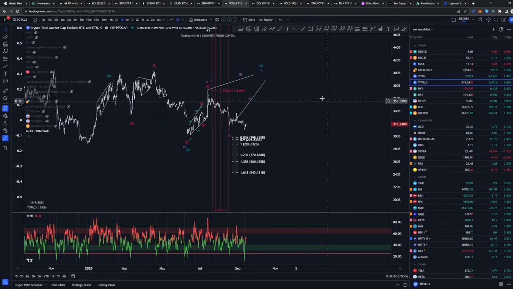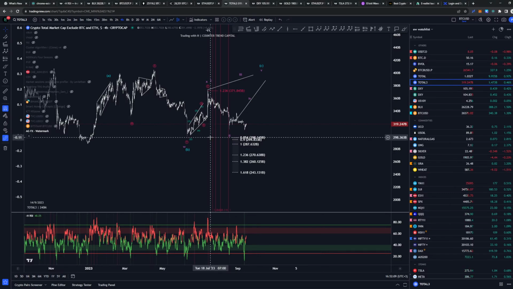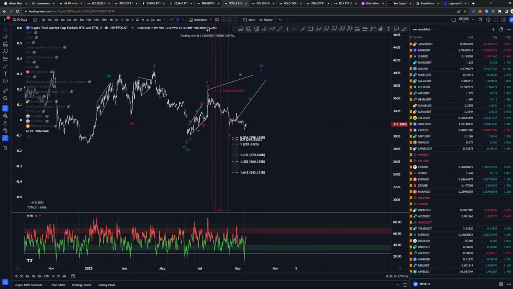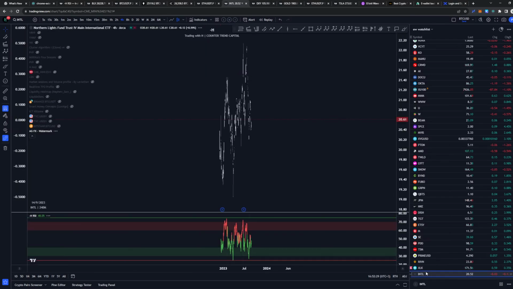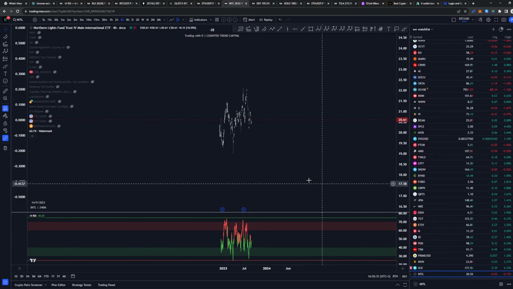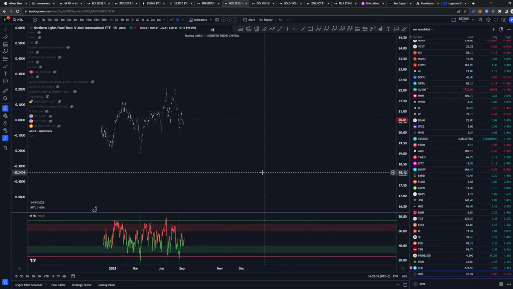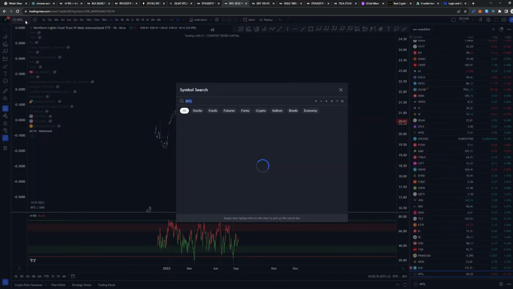But I don't think I have any other assets in the queue for this one, so I'll probably create a Patreon exclusive today. Let's see what is next. I think I did Prime and Rivian Automotive last time. We went through the XLK. So maybe Intel, Northern Lights Fund Trust, meaning INTL. I'm not quite sure if this is the right one. Intel.